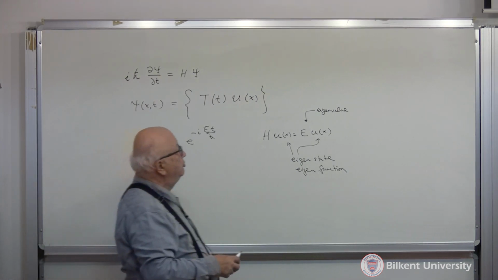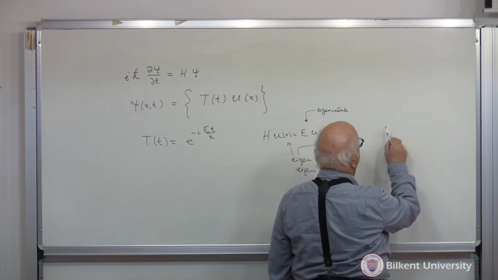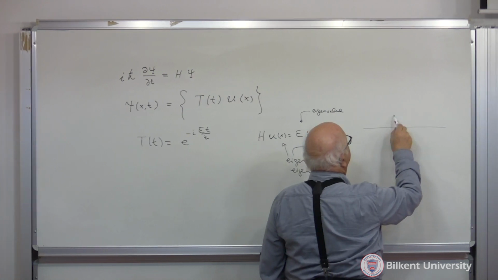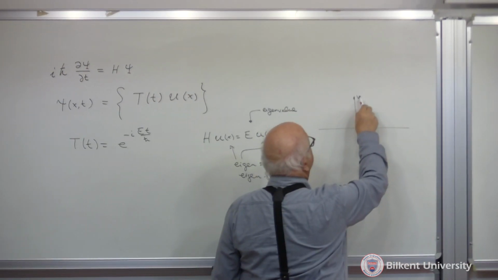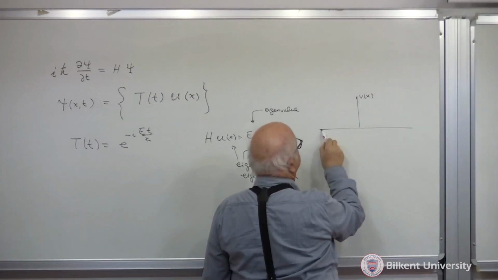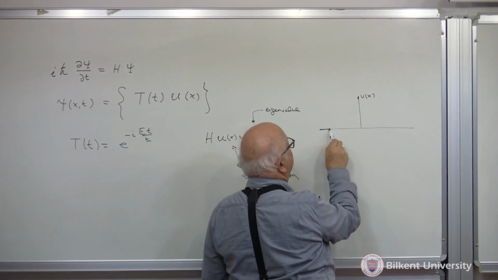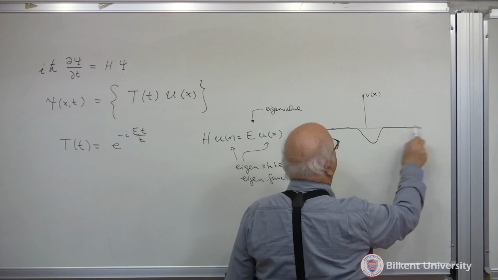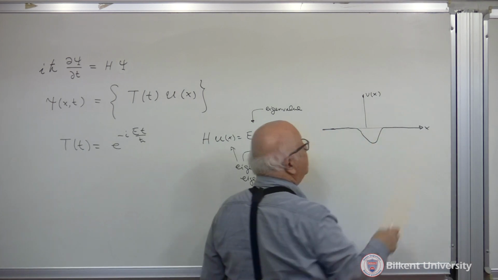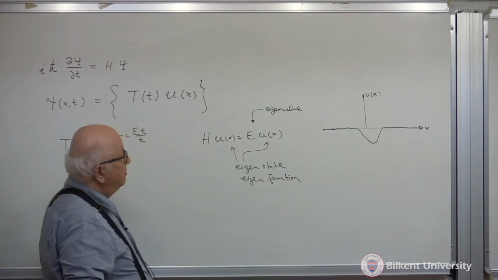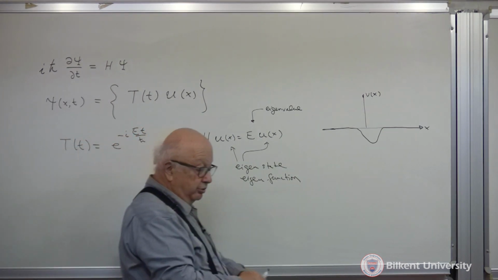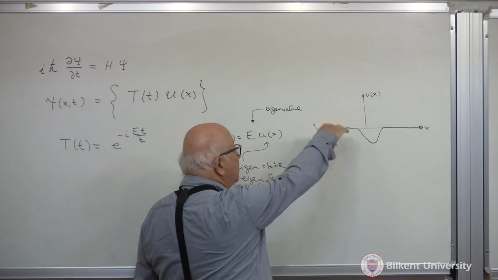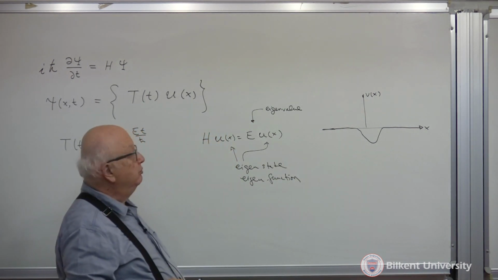Now, it turns out that depending on your problem, we have this V of x. Let's assume that it goes to 0 at infinity, and may have a certain value, say some negative value in some part of space. And it turns out that if you look for solutions with E having a negative value, what does that mean?